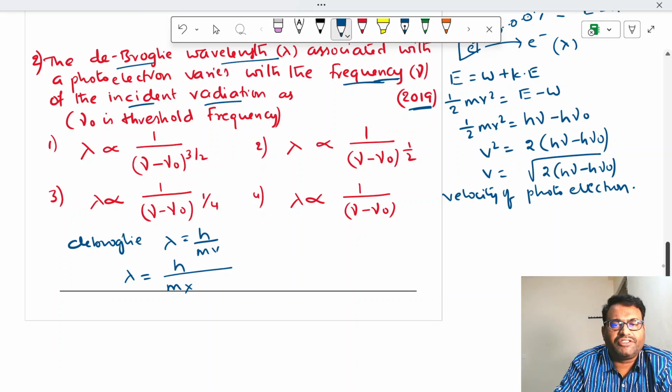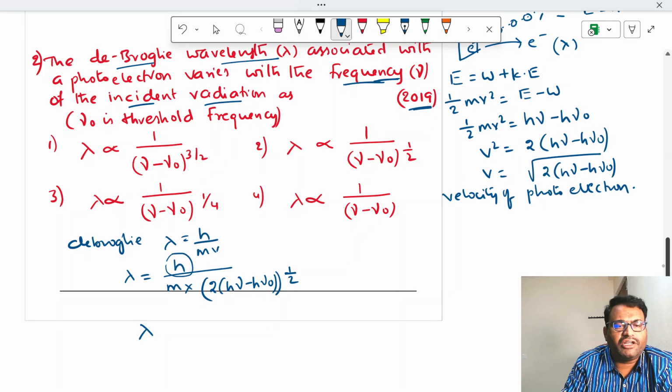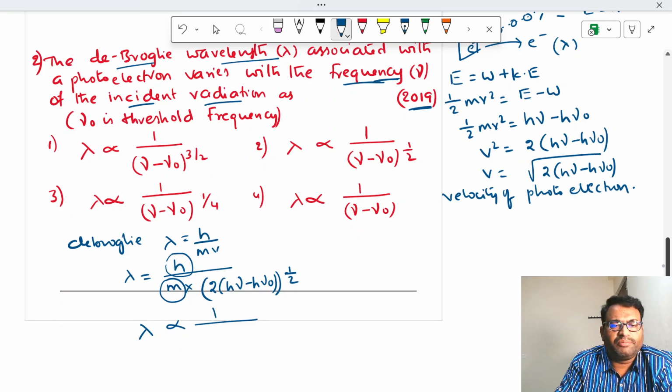Here we have derived it: 2(h nu minus h nu naught) whole power 1 by 2. So from this equation, I can write that lambda, because h is constant and m, the mass of the electron, is also constant.